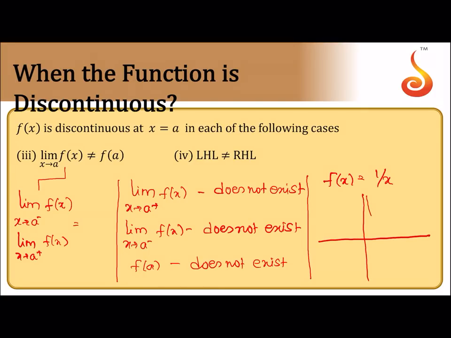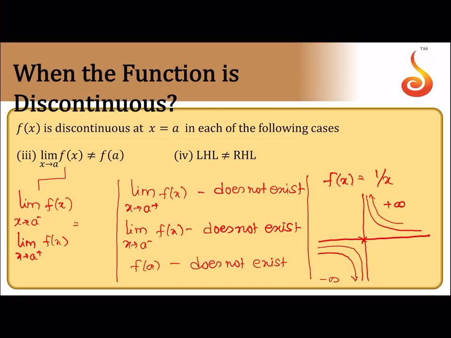Suppose I take an example to explain this more appropriately. f of x equal to 1 by x. If we draw the graph of 1 by x, this is the 1 by x graph. What we see is the left hand limit is not equal to the right hand limit. As you approach 0 from the left, you reach minus infinity.